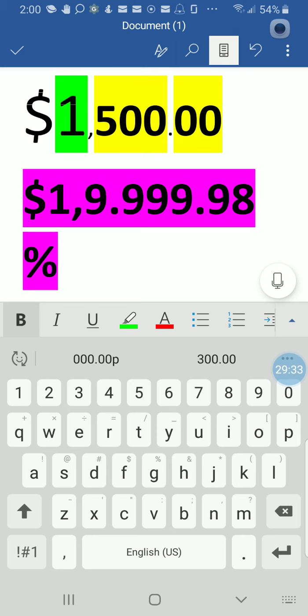Well, because it's in the thousands. You got the hundreds right here, and you got the thousands right here. And then you got the pennies right here, with the cents symbol right there.